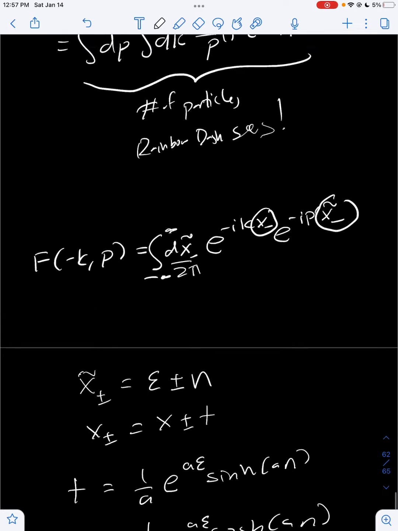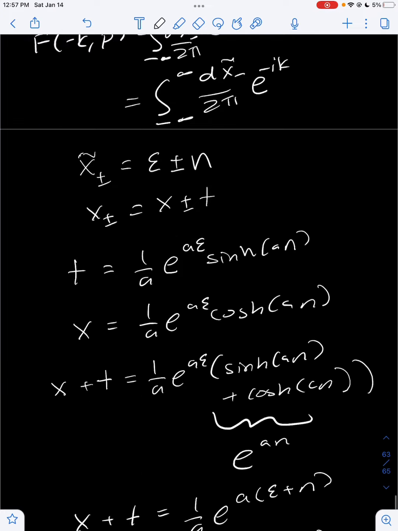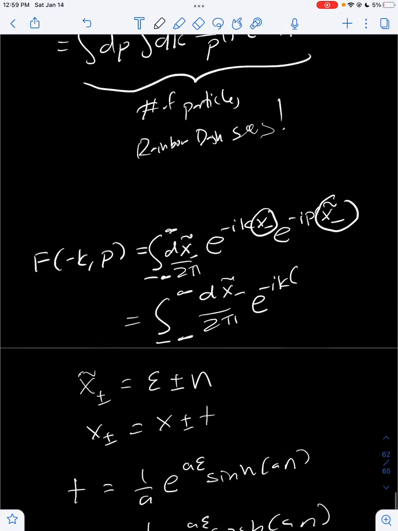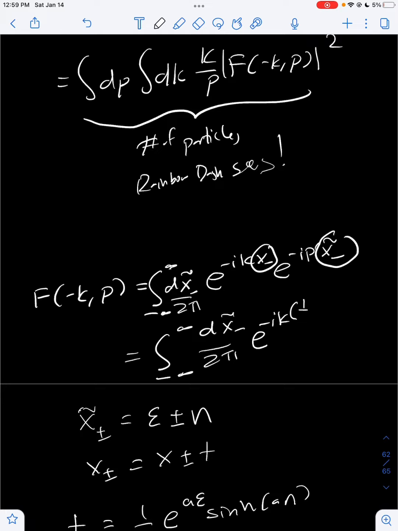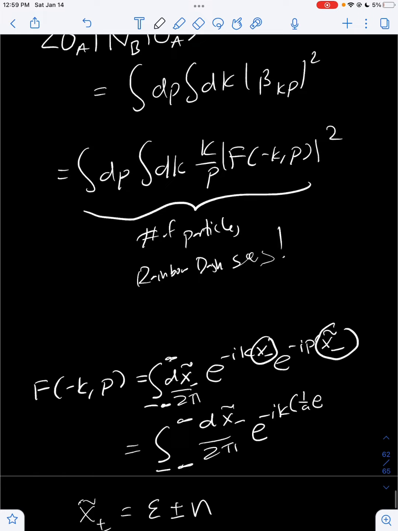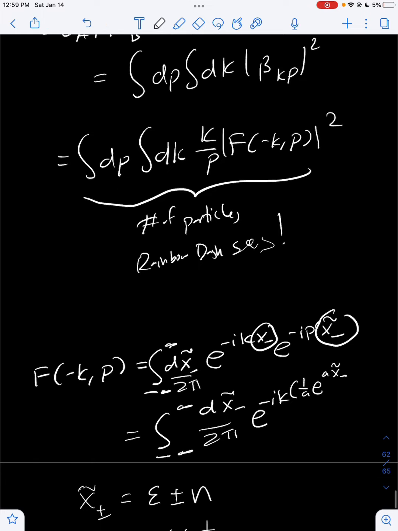So we can just write this out as this dx over 2 pi e to the minus i k, and then this is going to be pretty confusing to write out. So 1 over a e to the a x minus, and then e to the minus i p x tilde minus.